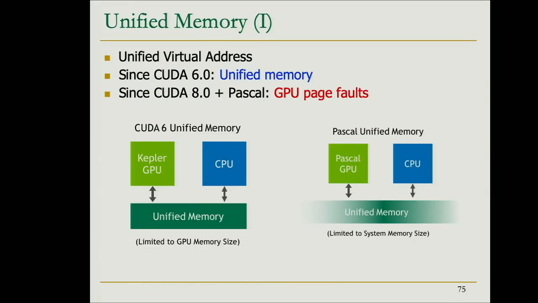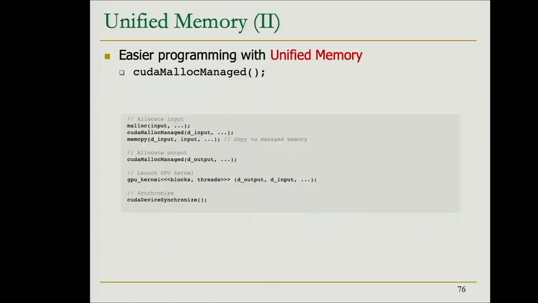As you can guess, this obviously has an overhead, but it's also a huge jump in terms of programmability. The good thing about using unified memory is that now you don't need to do the double allocation that we had. We actually have this malloc here, but we don't really need it because of cudaMallocManaged.